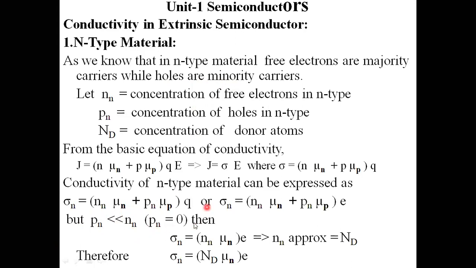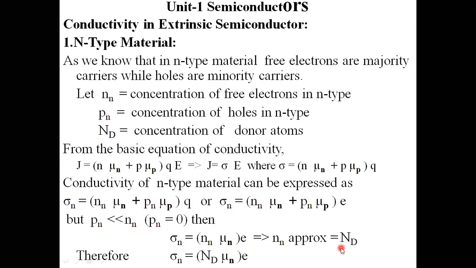Then the above relation will become sigma n is equal to nn mu n into small e, as I am going to remove the pn term from the equation.